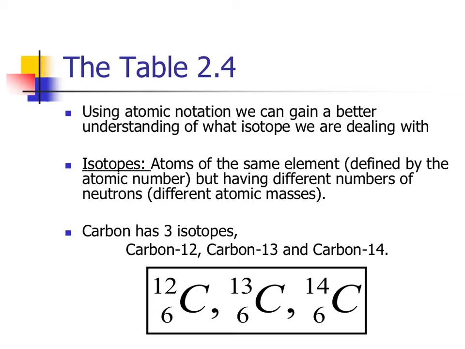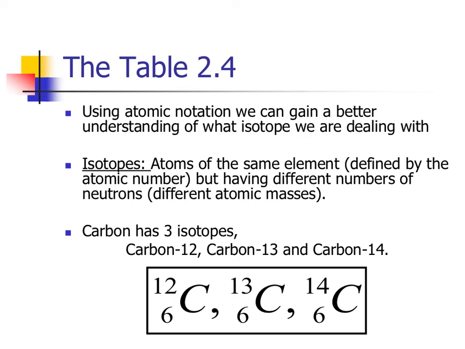As I said, isotopes. Here would be the 3 isotopes for carbon. The most common one that we see first is carbon-12. That's what we call it.